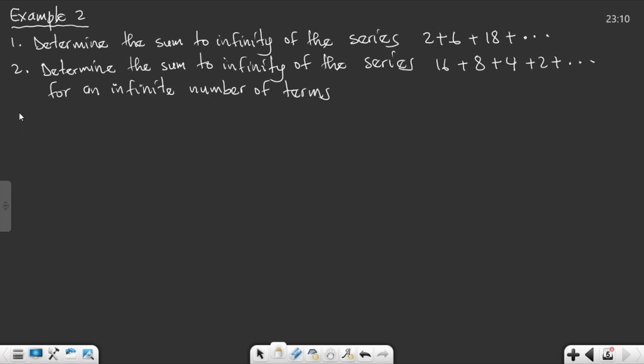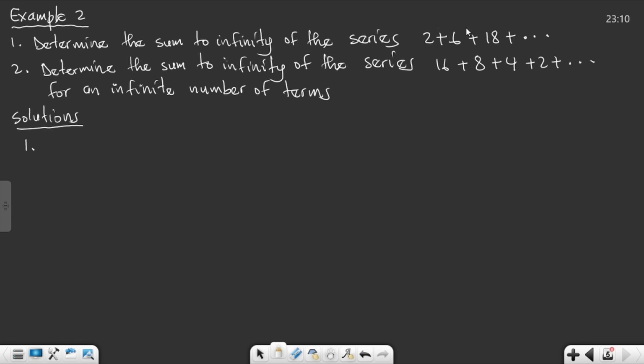Okay, let's see the solutions. We start with question 1. You can see in question 1, we are asked to find the sum to infinity of the series. You can see this is a geometric series because there is multiplication by 3 to get the next number, multiplication by 3 to get the next number.